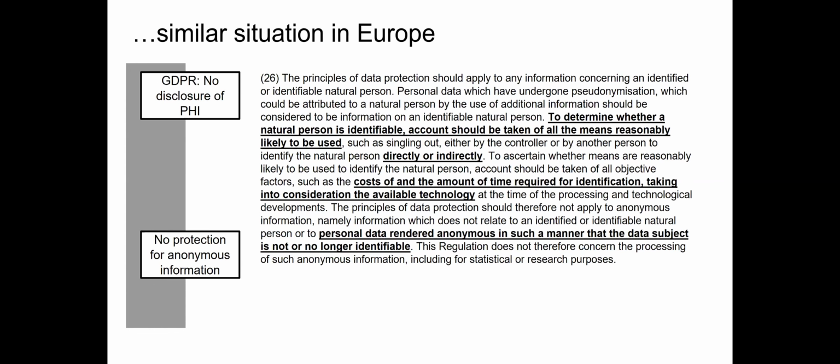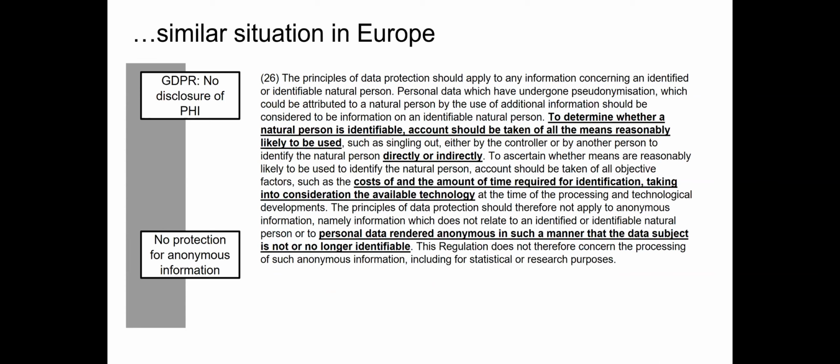In GDPR in Europe, the situation is similar, although there is no safe harbor rule; it's more fuzzy, more generic. So basically, you need to determine if the data is enough to identify a natural person, either directly or indirectly.